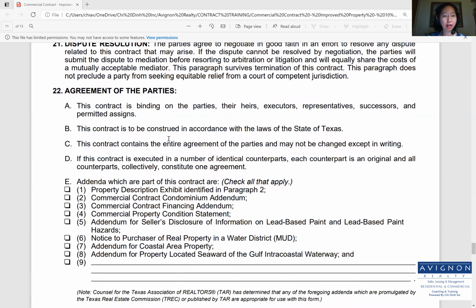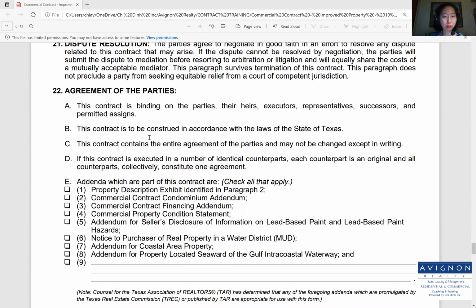And paragraph 22, agreement of the parties. This contract is binding on the parties, their heirs, executors, administrators, representatives, assessors, successors, and permitted assigns.